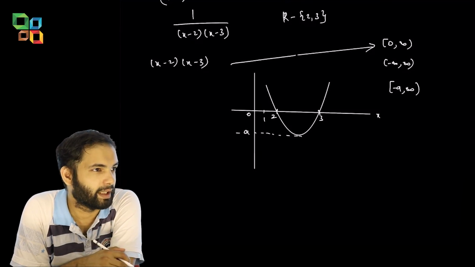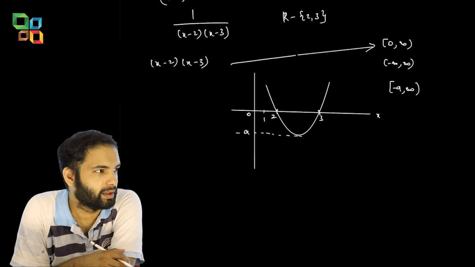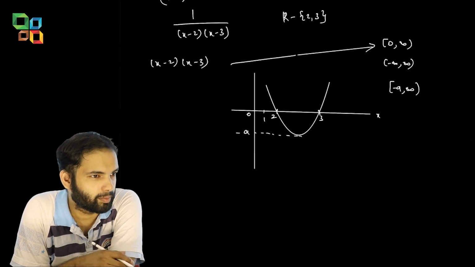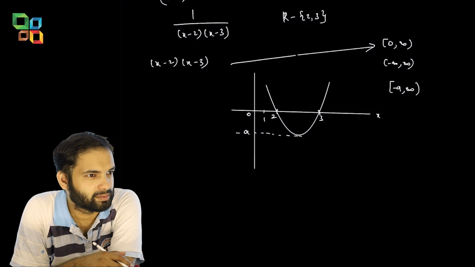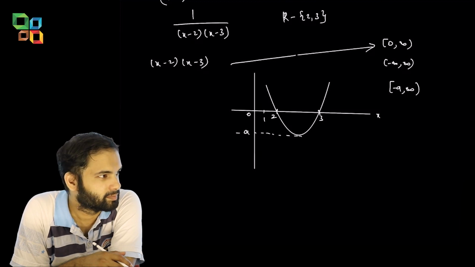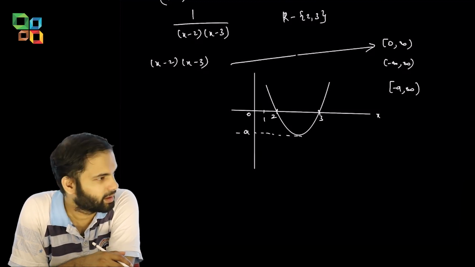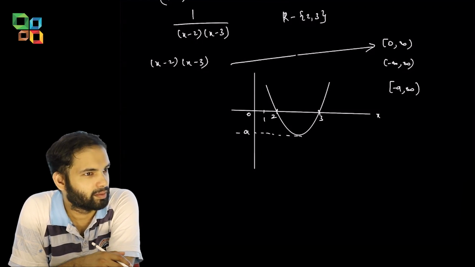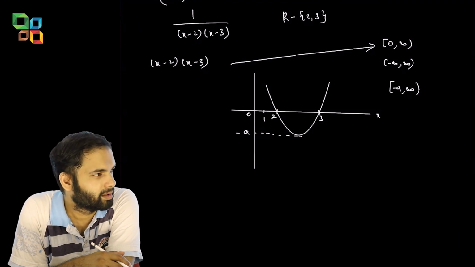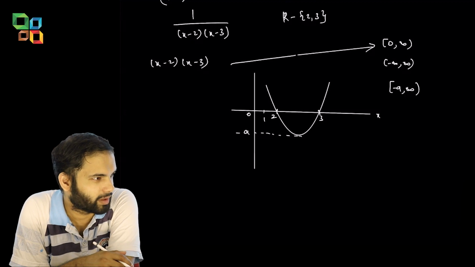Now how to find that a? Minus b by 2a. How do you know that? Vertex. Is vertex minus b by 2a? Why is that? Minus delta by 4a. Okay, I don't know why is that.